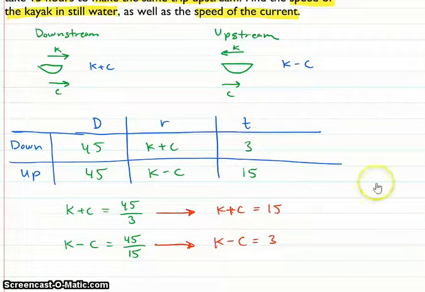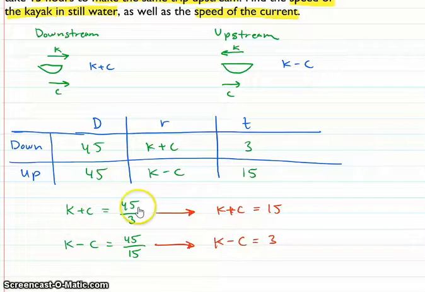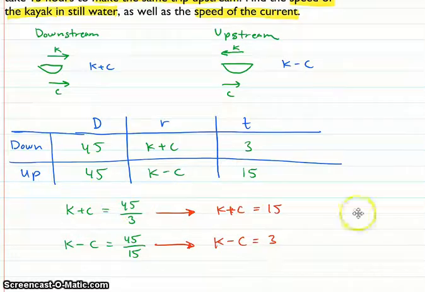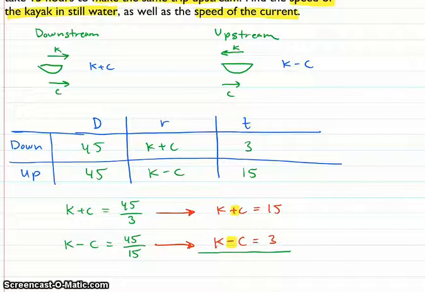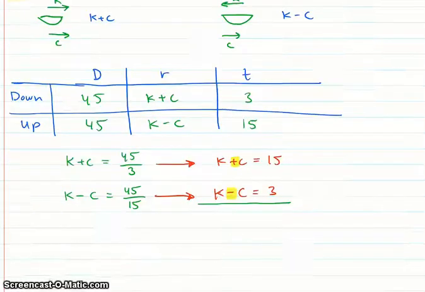So with these two equations, we have a system of equations. These are in standard form, and we have opposite coefficients here, which means that if we use the addition method to solve, so we add the two equations, the C's are going to cancel out.